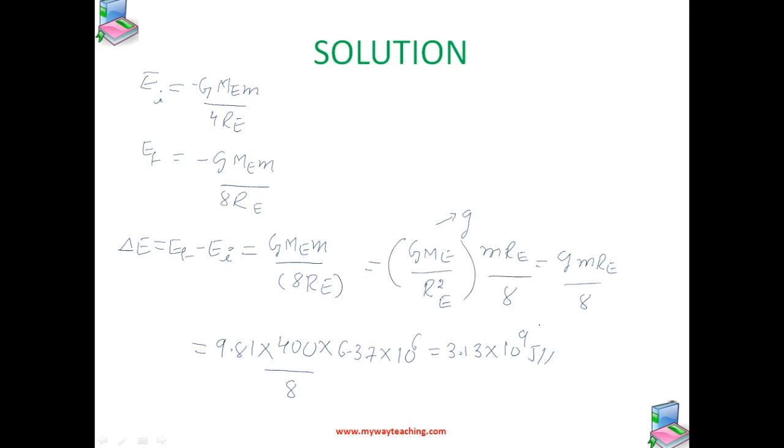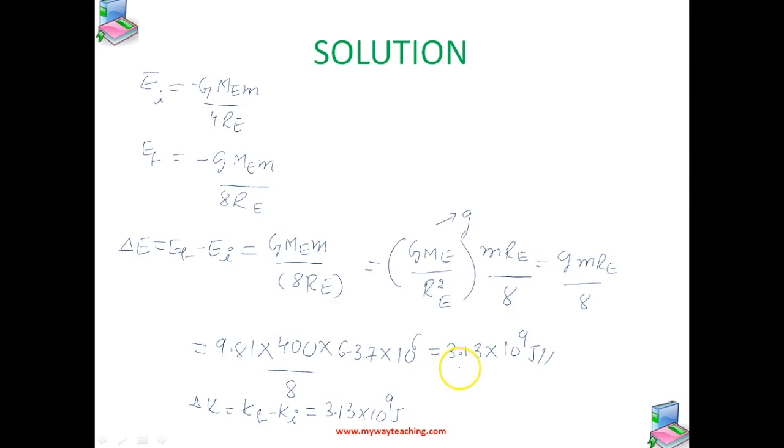So the kinetic energy is reduced and it mimics delta E. So delta K, that is Kf minus Ki, is also equal to 3.13 into 10 raised to 9 joules.